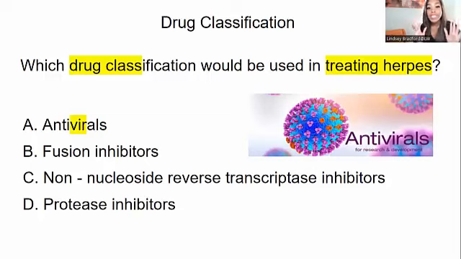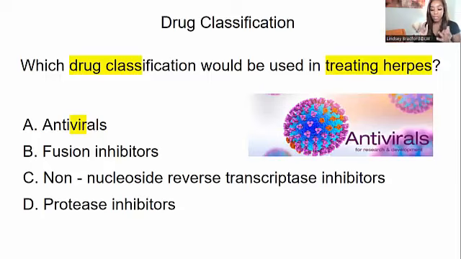So because of its contagious effects, we now can think about it as a what? A virus. Herpes is a virus. And because herpes is a virus, it's going to take an antiviral drug to fight against a virus.